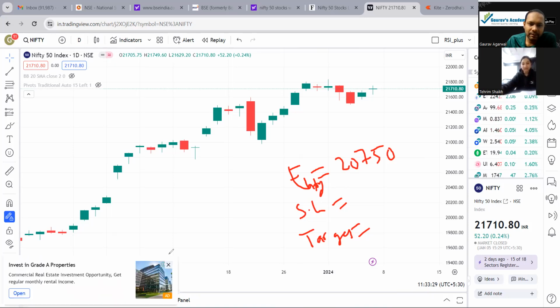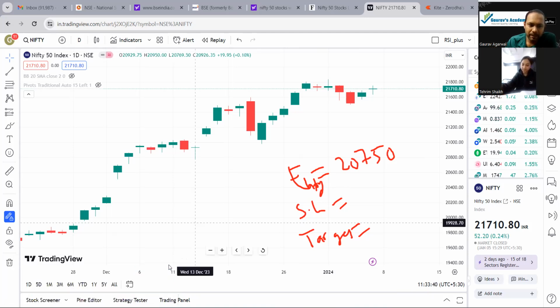It should be 990. No, wait a minute. That is 90 points. In terms of the stock, how much stop loss should I put? See, in the previous case, we put our stop loss towards the downside because we were in a buying trade. Now we are in a sell trade, so we have to put our stop loss towards the upside.